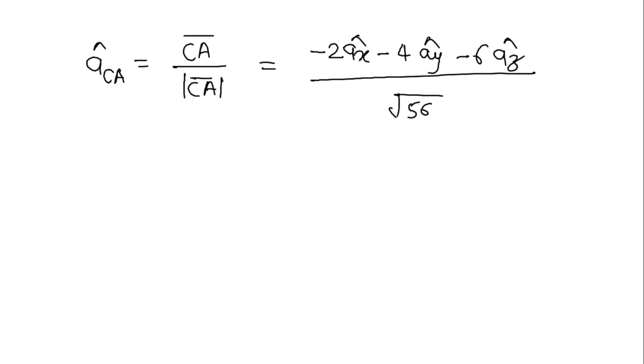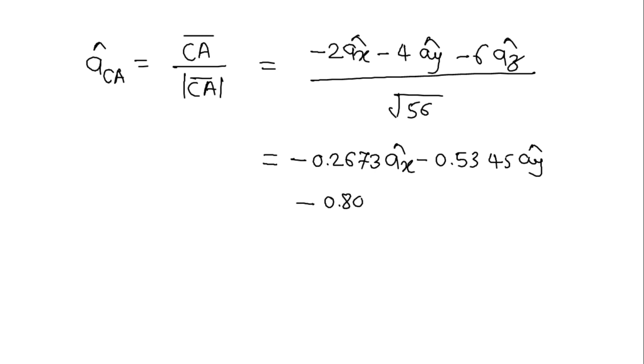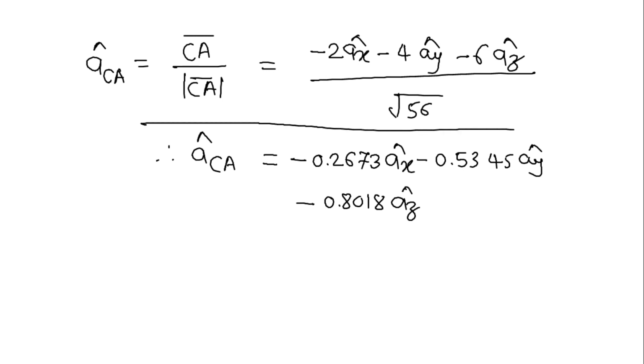So this comes out to minus 0.2673 ax cap, minus 0.5345 ay cap, and the third term is minus 0.8018 az cap. So this is the required unit vector which is directed from point C to point A that we have determined here.